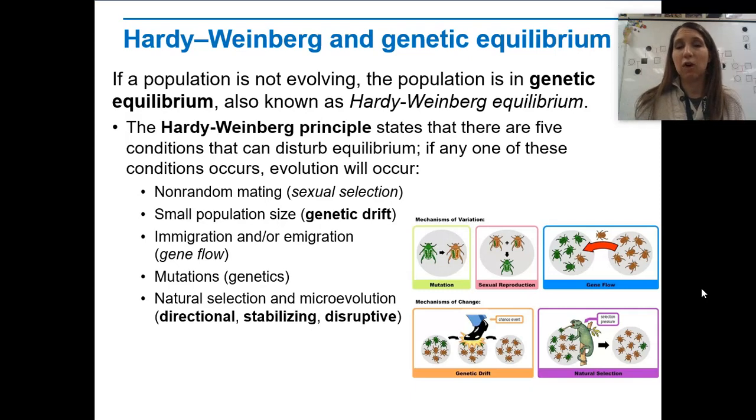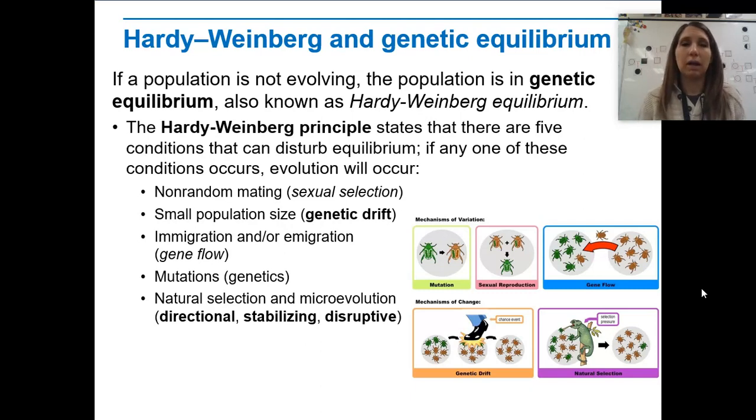If all 5 of them are missing, if there's no sexual selection, if there's no genetic drift or randomness, if there's no gene flow or movement, if there's no random mutations in the chromosomes that make up our cells that we inherit from our parents and that contain our genes and our DNA, and if there's no microevolution, no directional, stabilizing or disruptive evolution, then we do not get any type of natural selection or change over time. But if any one of those factors is present, then there are going to be changes occurring in that population that can accumulate and therefore change the population as a whole.